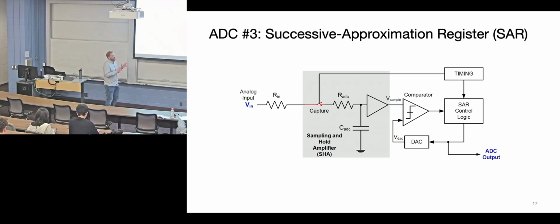So it's overly complicated, but there's an advantage, okay? And so the idea here is that you are going to have some input voltage that comes in, and you're going to compare it to some reference value. So just like the flash ADC, but the flash ADC was too large. So instead of inherently using that ladder structure, we'll use a DAC, a digital analog converter.